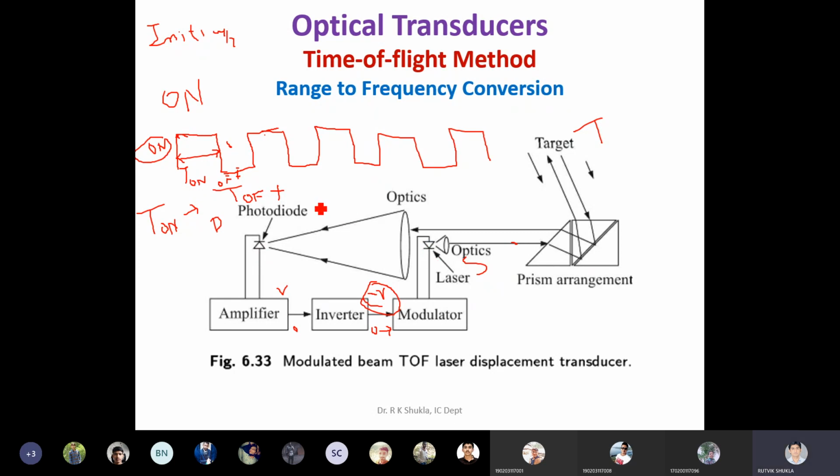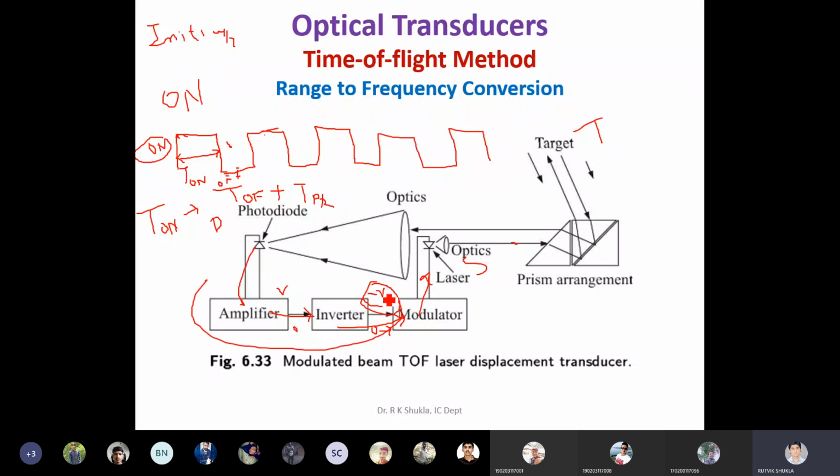this particular laser. So I'll write it as the processing time TPR. Because when the laser is turned on or turned off, who turns it off? The modulator does. But until the modulator sends the signal to the laser, the output first goes to the amplifier, it goes to the inverter, then it comes to the modulator and ultimately it switches off the laser.